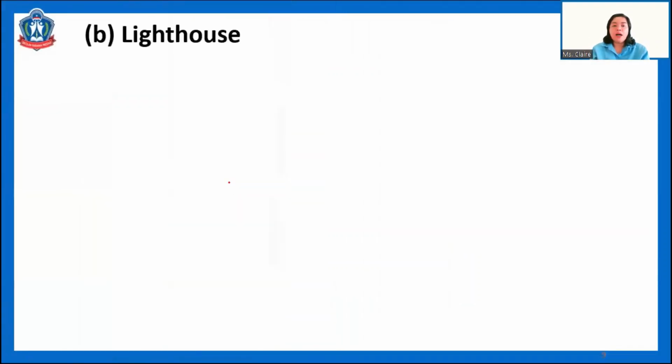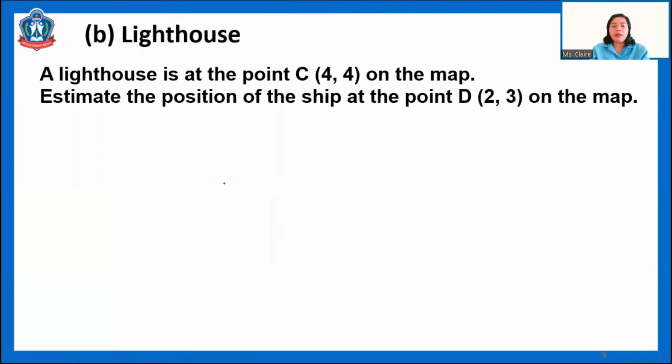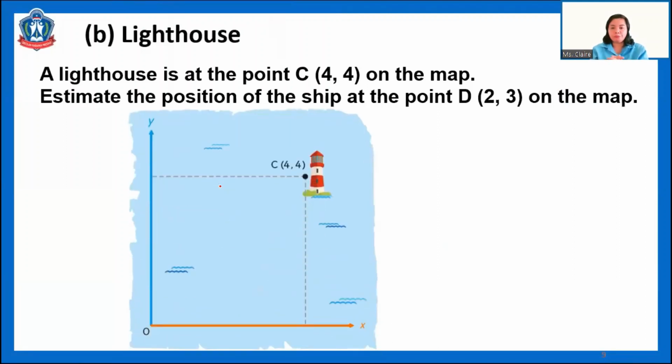Okay? Now, I have another problem here. Look at this lighthouse. Our lighthouse is at point C, and the coordinates are 4, 4. The 4 means that this lighthouse is 4 squares of distance from the y-axis.